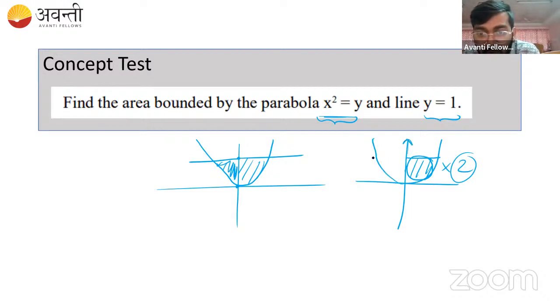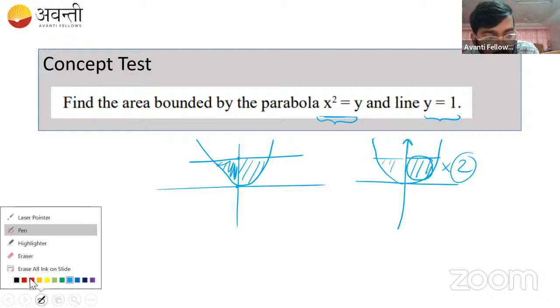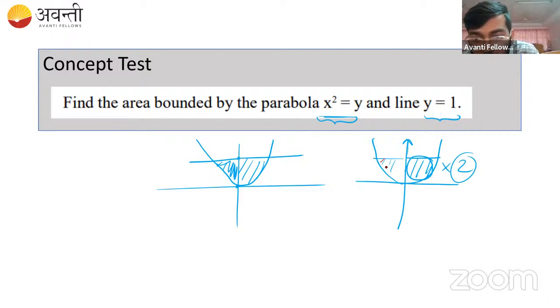So this red area and this blue area are equal. That is why we only find this area and multiply it by 2.